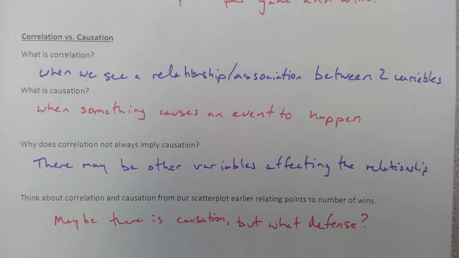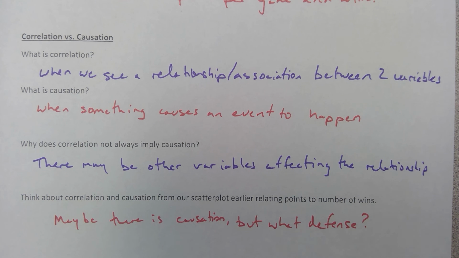It makes sense that there could be causation here, because if you score more points, you win more games. But maybe you don't score many points, but your defense is really good. You only score like 14 points a game, but you only give up like 3 points a game, and so you win 10 games in a season but don't score many points. So there's that other variable impacting the result.